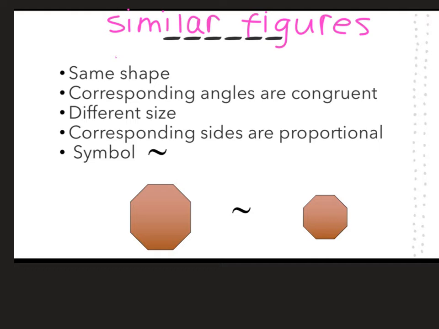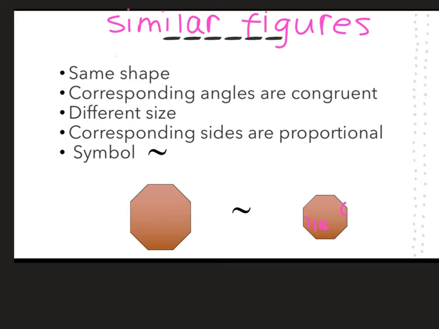So for the angles inside of these shapes, like those two angles right there, those would be congruent or the exact same number. Let's say, for example, I'm totally making this up, but if this angle right here was 126 degrees, then the corresponding angle on this similar figure would also be 126 degrees. So corresponding angles are congruent in similar figures.